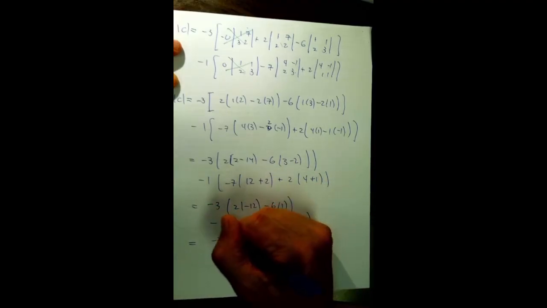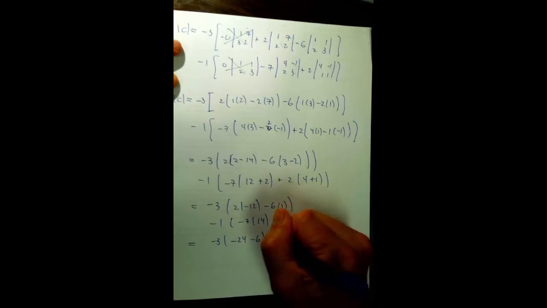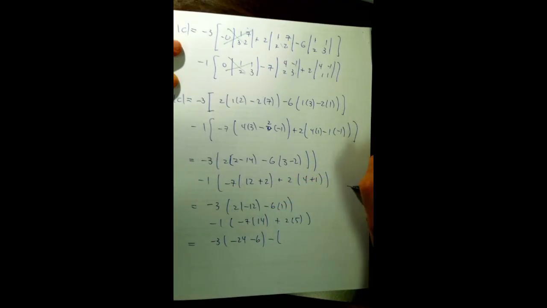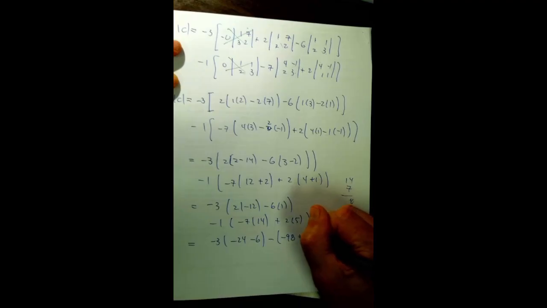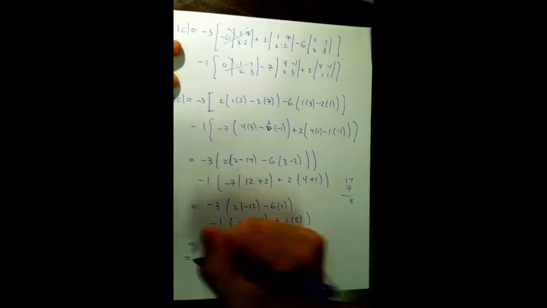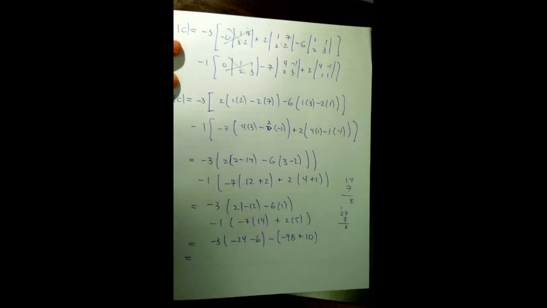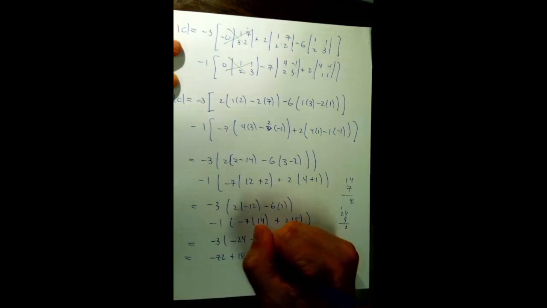So this becomes minus 3 times minus 24 minus 6 minus 7 times 14. It's going to be 98. So it's minus 98 plus 10. So I get minus 3 times 24 is minus 72 plus 18.